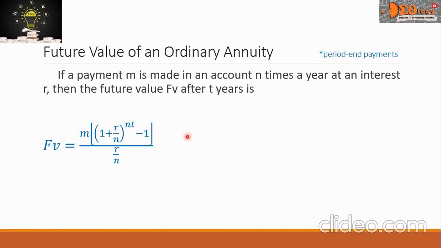It looks like a really complicated formula, but just take note that this portion is like the total amount formula of compound interest. And then there is minus 1 here, and there is a denominator that is similar to this fraction R over N.